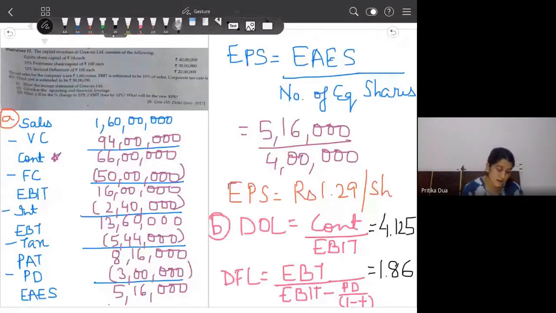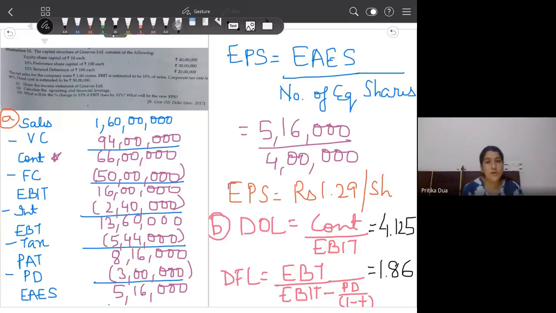Now the last part of the question is asking you what will be the percentage change in EPS if EBIT rises by 10%. What will be the new EPS?